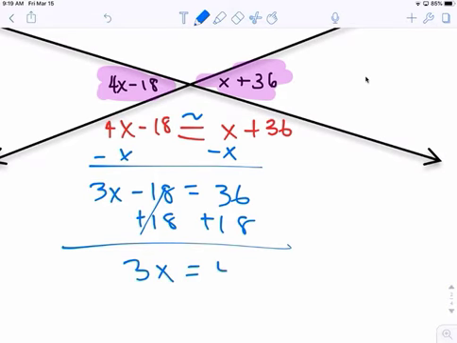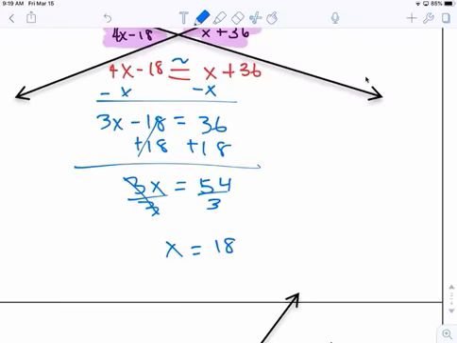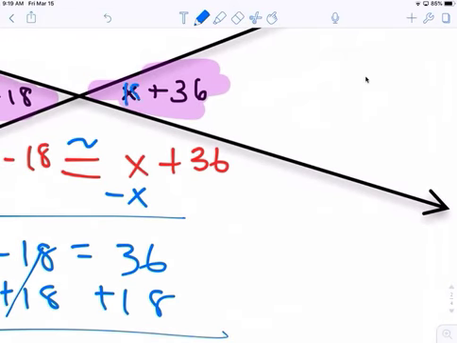Add 18, add 18. 3x equals 54, right? Divide by 3, divide by 3. You get 18. X is 18. Well, let's find all the degrees. If x is 18 here, 18 plus 36 is 54 degrees for this one.